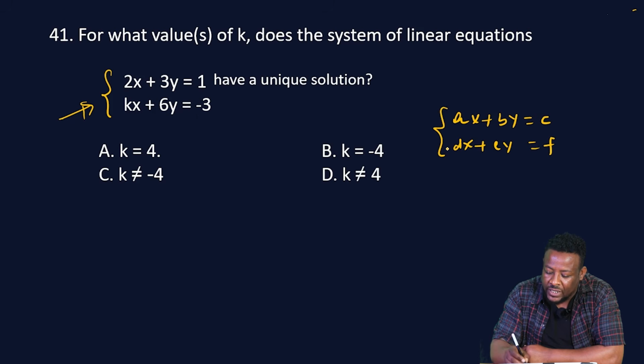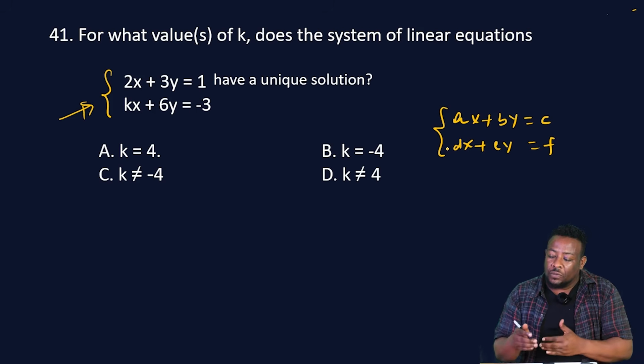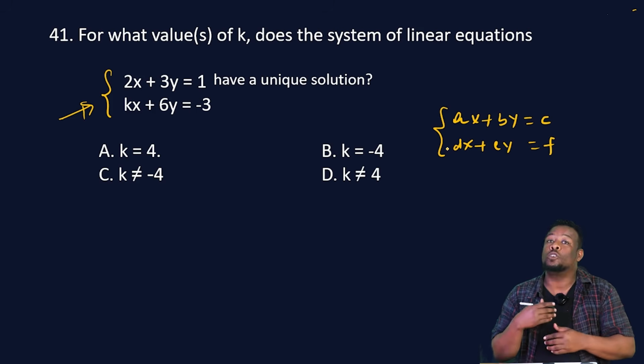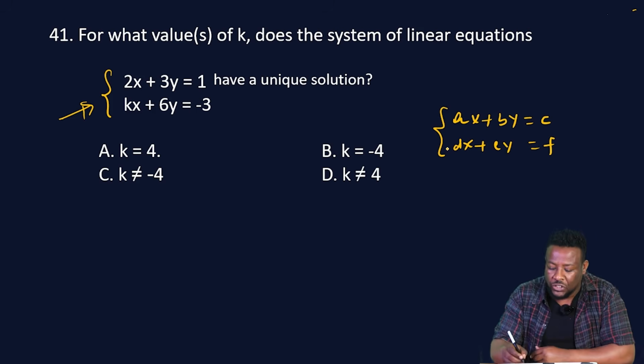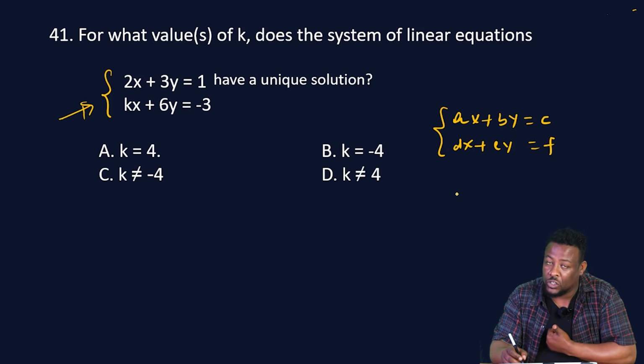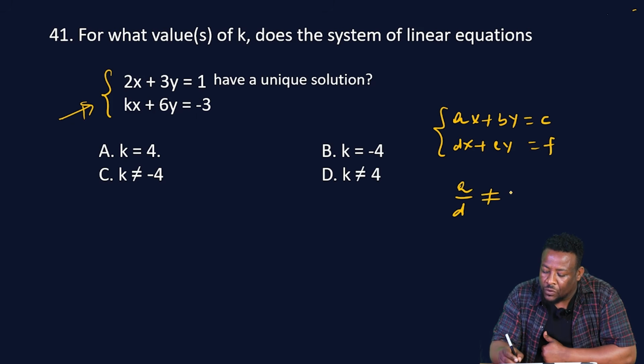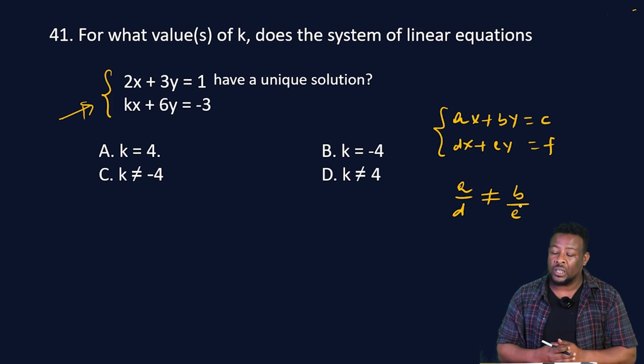If we have this system of equations, the given system will have a unique solution if this condition holds. What condition must be met for the system to have a unique solution? A over d must be different from b over e. When this is satisfied, we say the given system of equations has a unique solution.